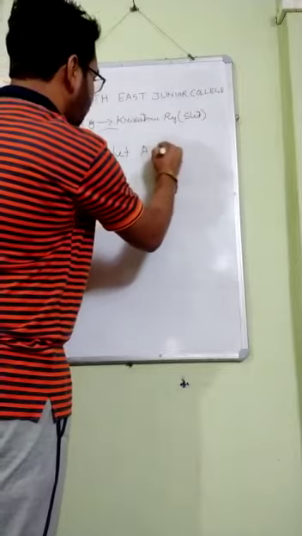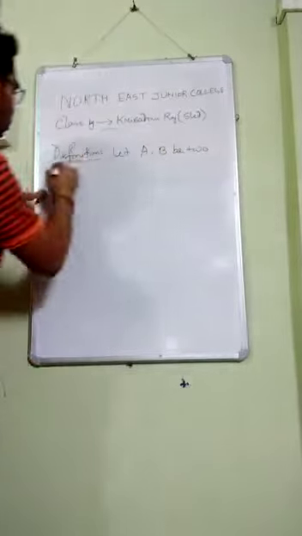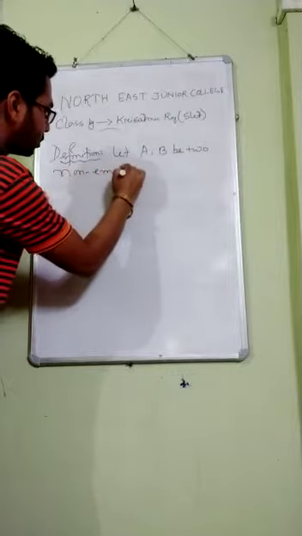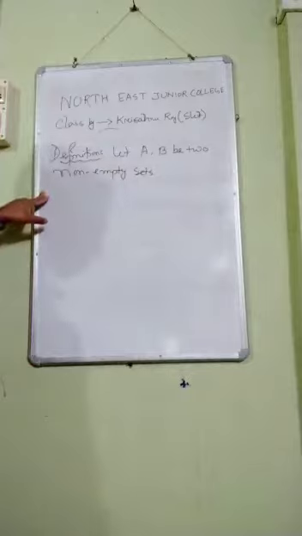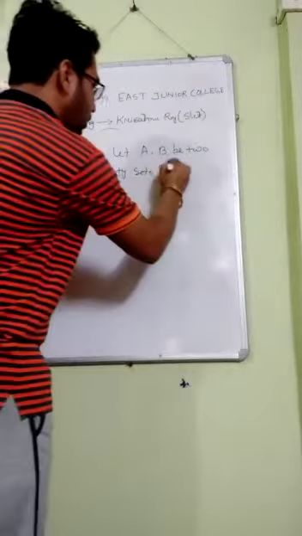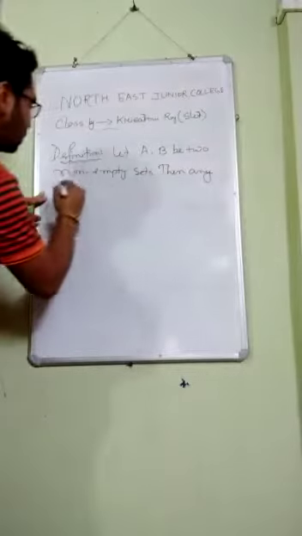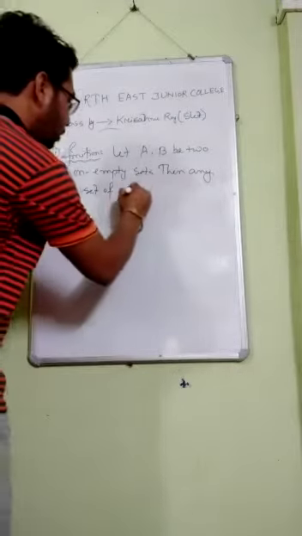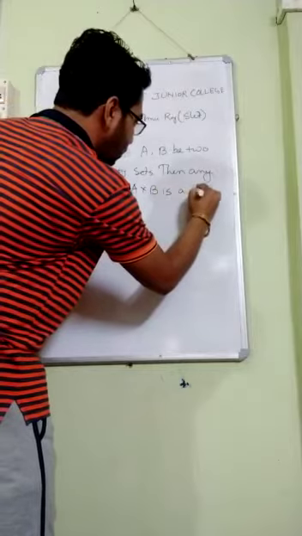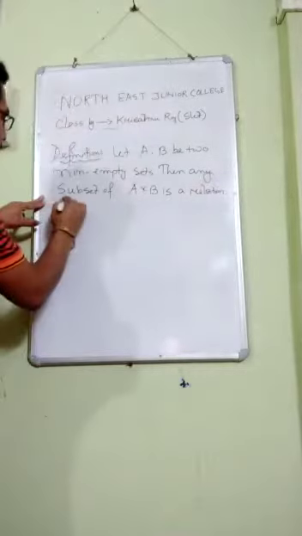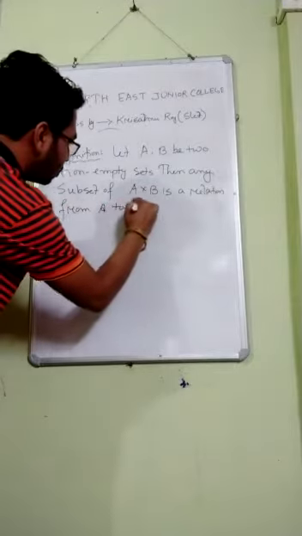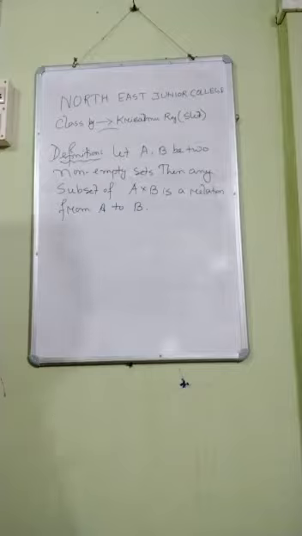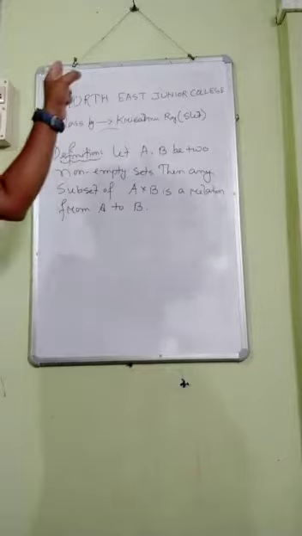Let A and B be two non-empty sets, then any subset of A cross B is a relation from A to B. This is your relation, meaning any subset is called a relation, but a relation must be a defined sentence.